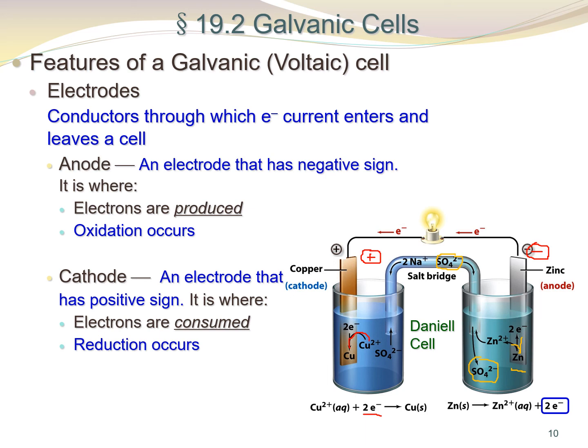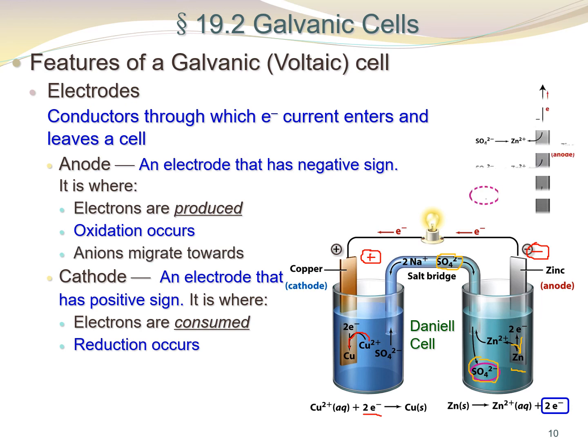Because, as you can see here, for this electrode, zinc, after losing 2 electrons, there's going to be zinc 2+ generated or produced. And as the reaction goes, we're going to have more and more zinc 2+ accumulated.